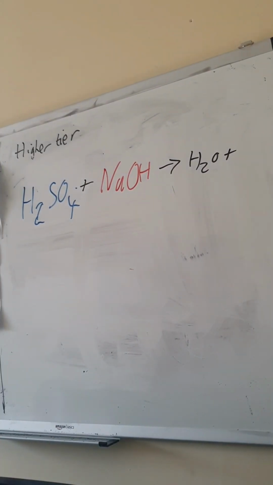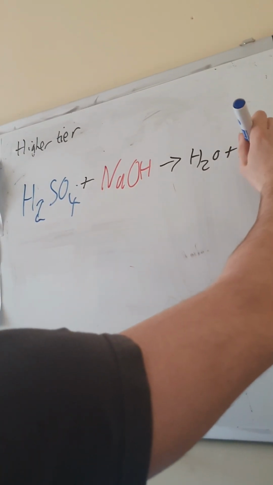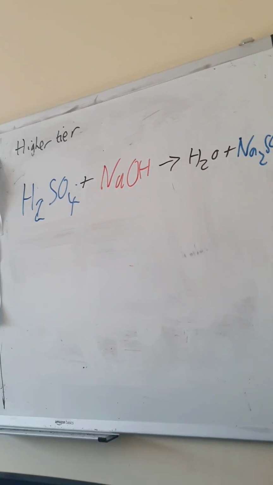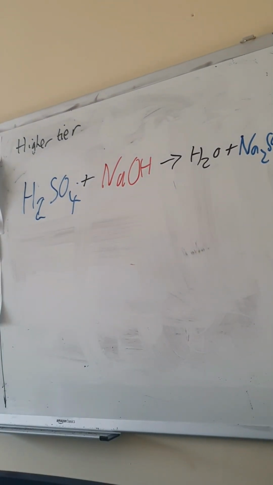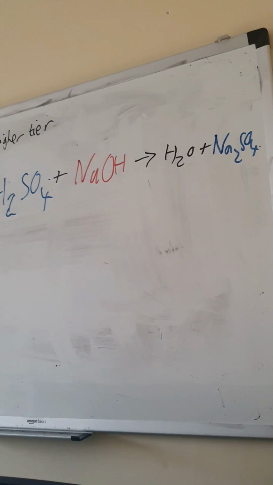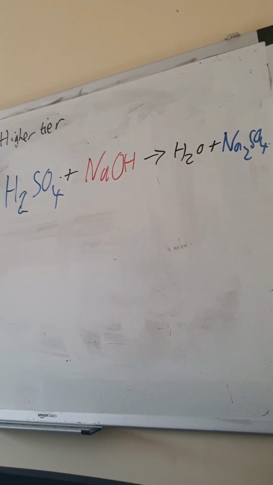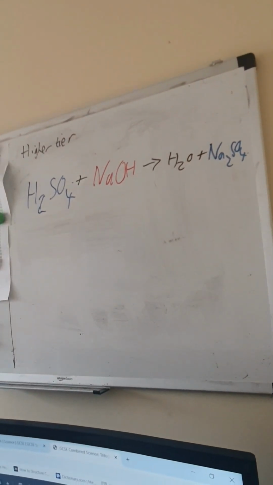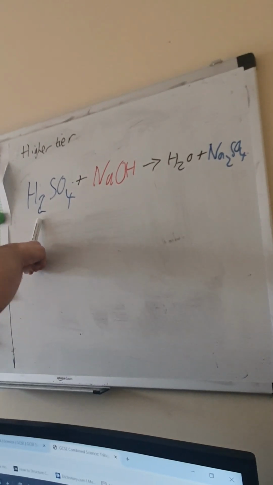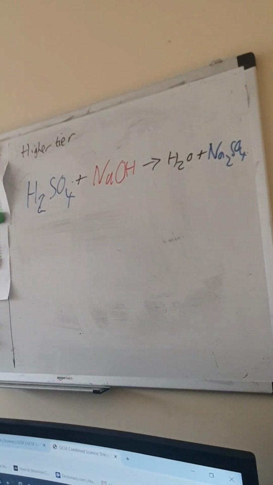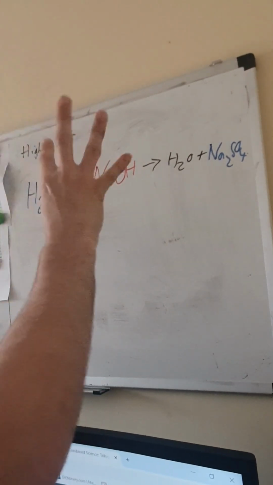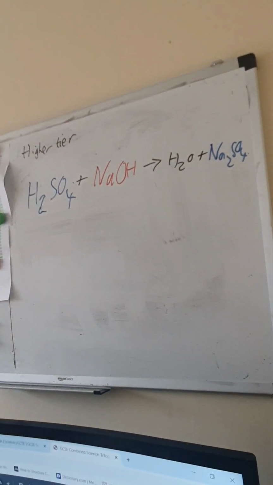Sodium sulfate, that's it. Na2SO4. So, sulfuric acid, sodium hydroxide, water, and sodium sulfate. I want you guys to try and balance it. Pause it, give it a go, and then 5, 4, 3, 2, 1, give it a go.